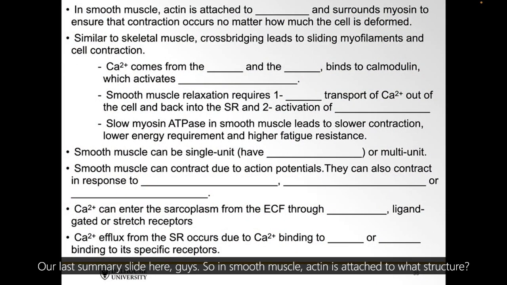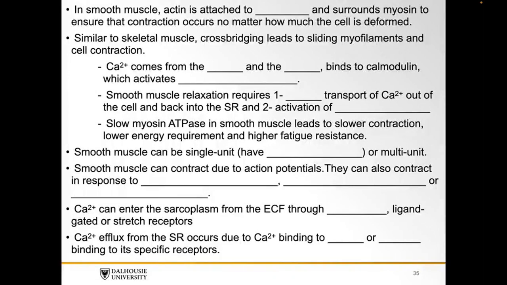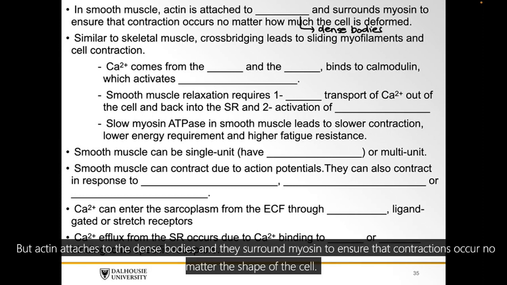Our last summary slide here, guys. So in smooth muscle, actin is attached to what structure? Do you remember? They are called the dense bodies. Dense bodies. Actin attaches to the dense bodies and they surround myosin to ensure that contractions occur no matter the shape of the cell.